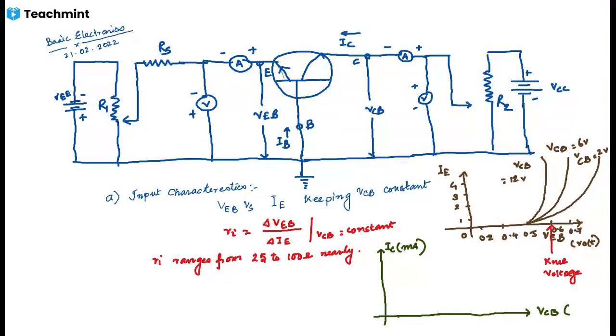So that is called output characteristics. So here also it will be 0, 1, 2, so like this the value will be there.